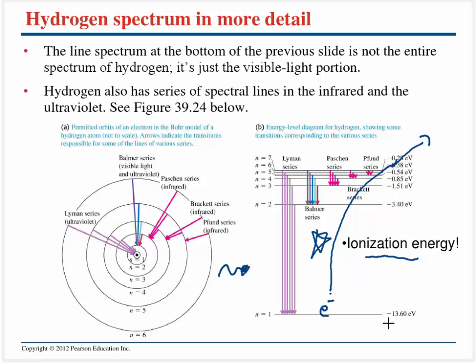Since we know that it's in a well, and that well is 13.6 eV deep, to ionize a hydrogen atom in the ground state, it would take 13.6 electron volts. If it was sitting, say, in the n=2, then it would take 3.4 electron volts. And it would definitely take some ultraviolet light to do this. And something else to keep in mind is if it had more energy, then it could knock it out and give it some kinetic energy.